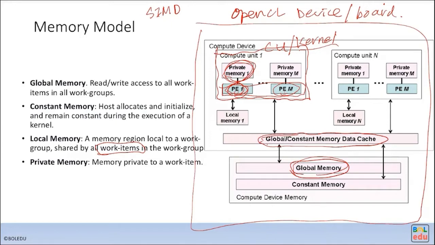For each work group, you have a local memory shared among different processing elements. So in the memory hierarchy, you have a global memory, and you have a local memory, which is local to the kernel or compute unit. Inside the compute unit, you have multiple processing elements, and each works on its private memory. So this memory hierarchy is important.